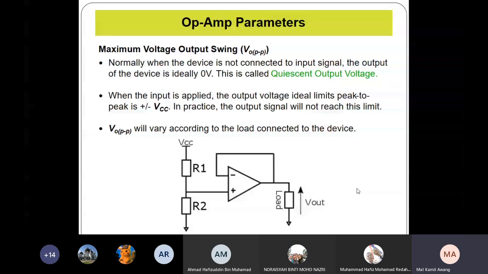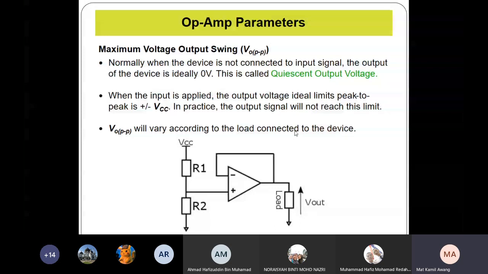But when you apply the input, the output voltage ideal limits to peak, which is plus minus VCC. In practice, the output signal will not reach this limit, as I mentioned before. So the V output peak to peak will vary according to the load connected to the device.